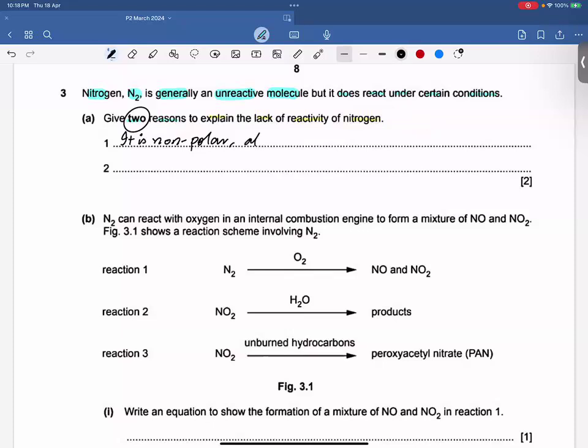Also, it contains a triple bond. Because of the presence of the triple bond, more energy is required to break that bond, which means it has a high bond energy to break the triple bond.